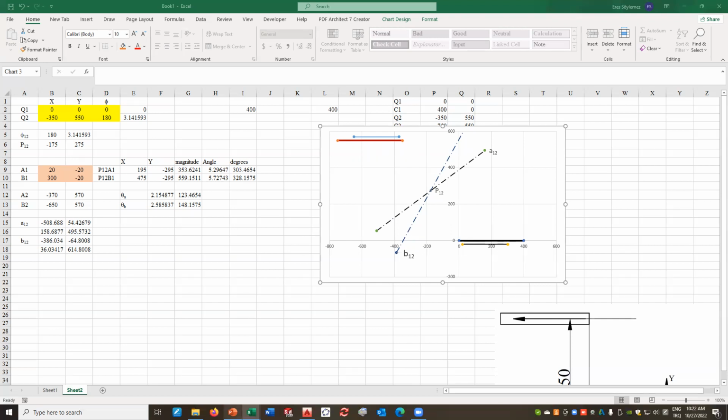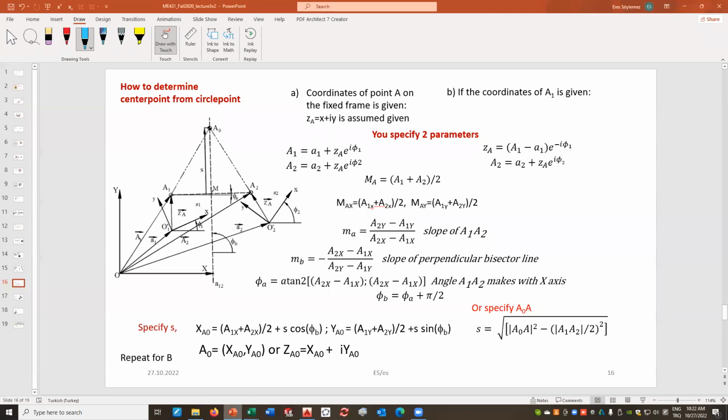I can do this in 3 different ways. Number one, I can select a distance S from the midpoint of A1, A2 and locate A0. I have a parameter S that I will select.